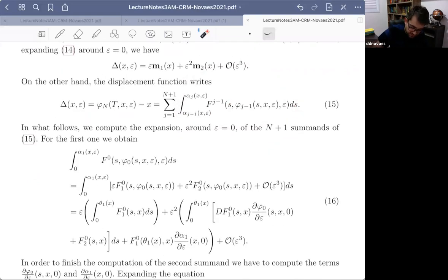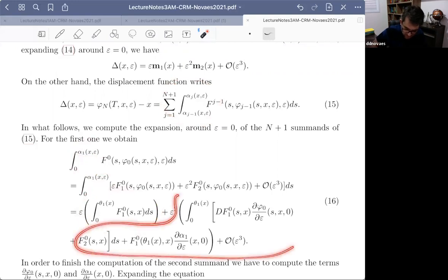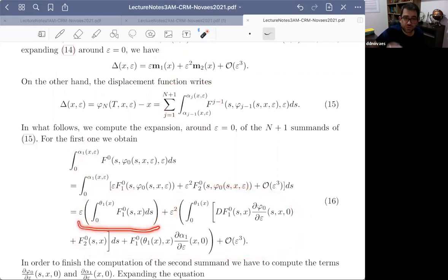So the first thing we do is expand this integral. Only the upper extremum varies here. This is the first piece of this integral. When we do, we just use, for instance, the Leibniz rule for differentiating an integral, and we get the first order and the second order. Note that in the first order the derivative of the function alpha does not appear here.